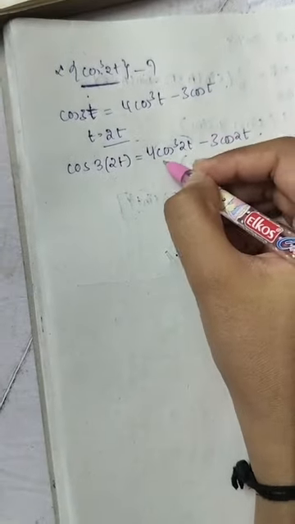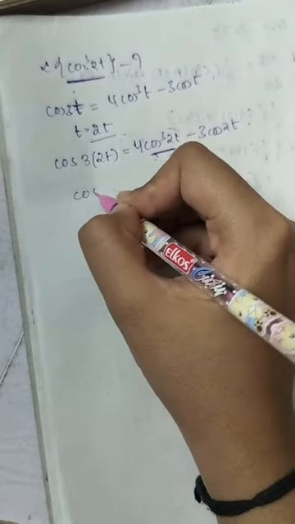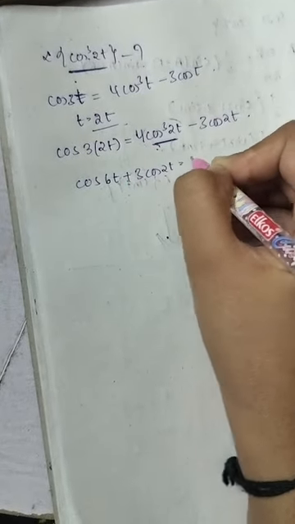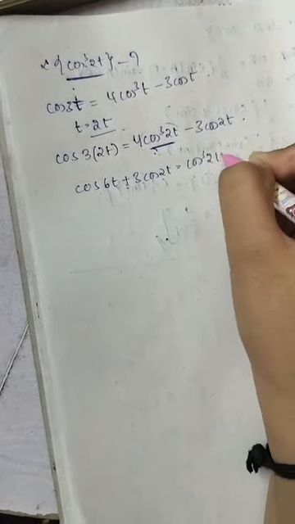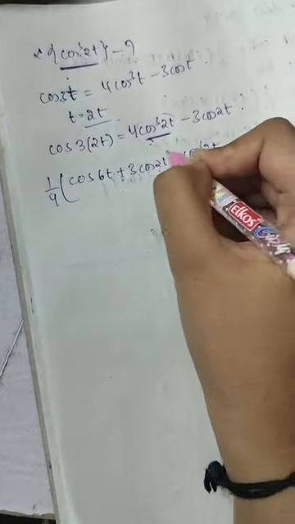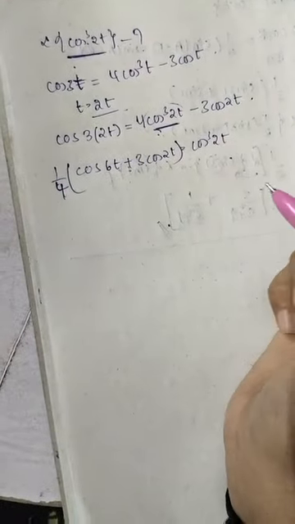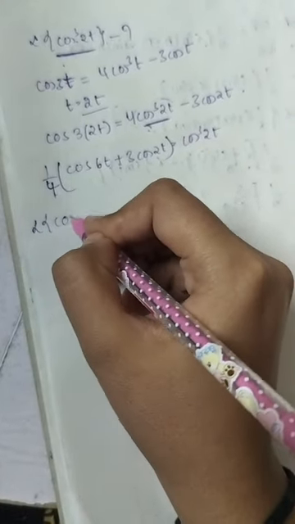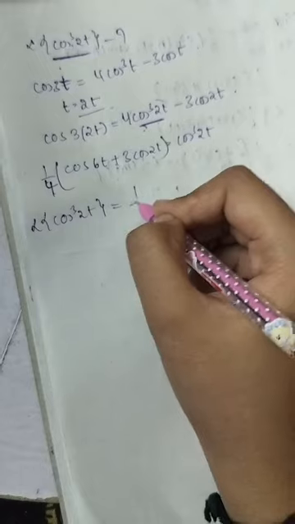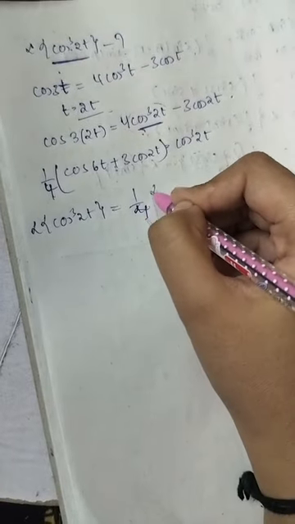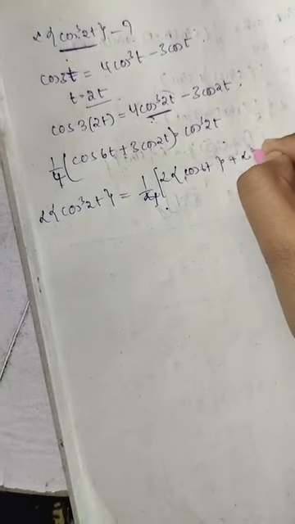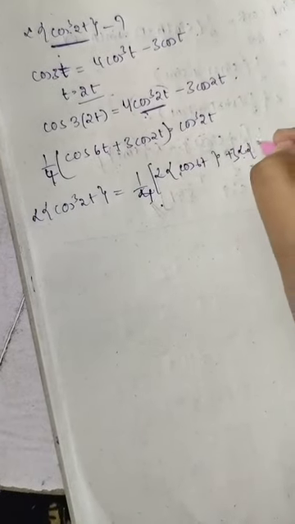So now we want this term, right? So now what happens? Cos 6t plus 3 cos 2t is equal to 4 cos cube 2t, so cos cube 2t is 1 by 4 of that. Now applying the Laplace transform, Laplace transform of cos cube 2t is equal to 1 by 4. Now separating these terms, Laplace transform of cos 6t plus Laplace transform of 3, which is a constant we will take outside, cos 2t.